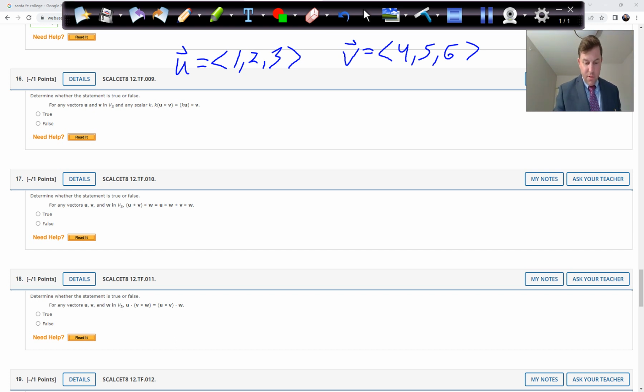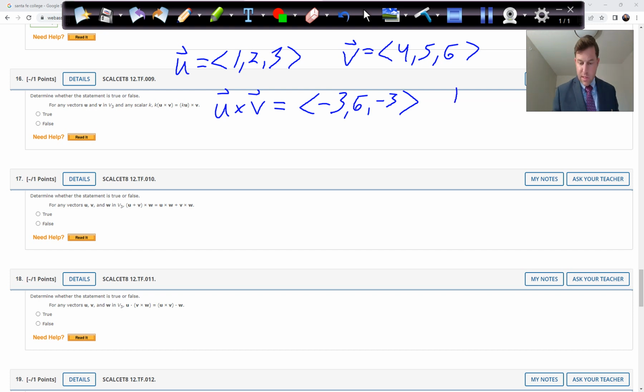Now if you do u cross v, and I'm not going to show it because I think I've shown you plenty of these by now, it turns out to be -3, 6, -3. Then I said, okay, let's come up with a k.